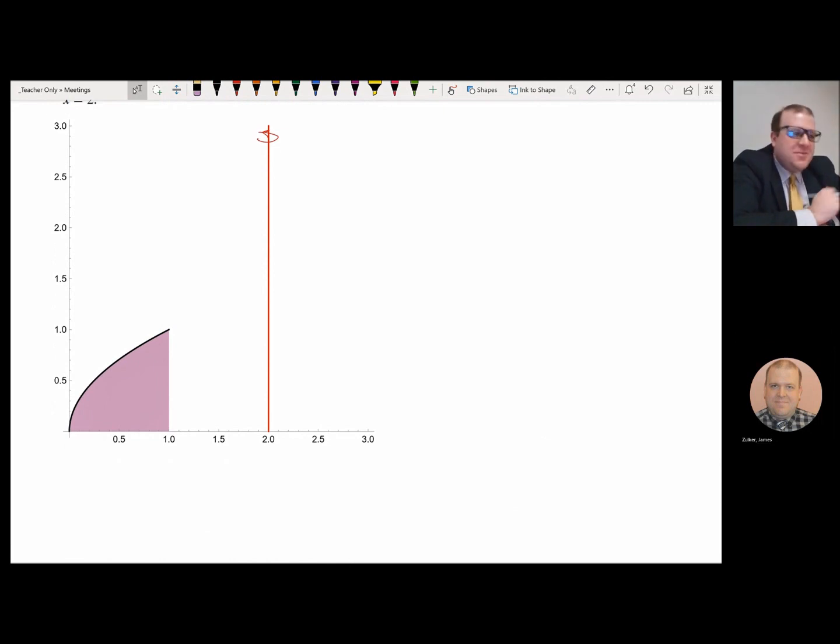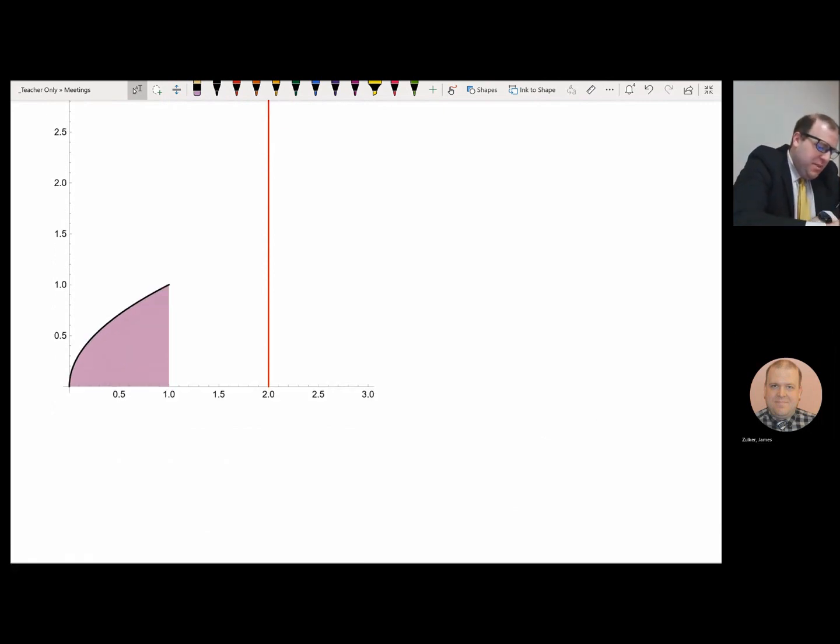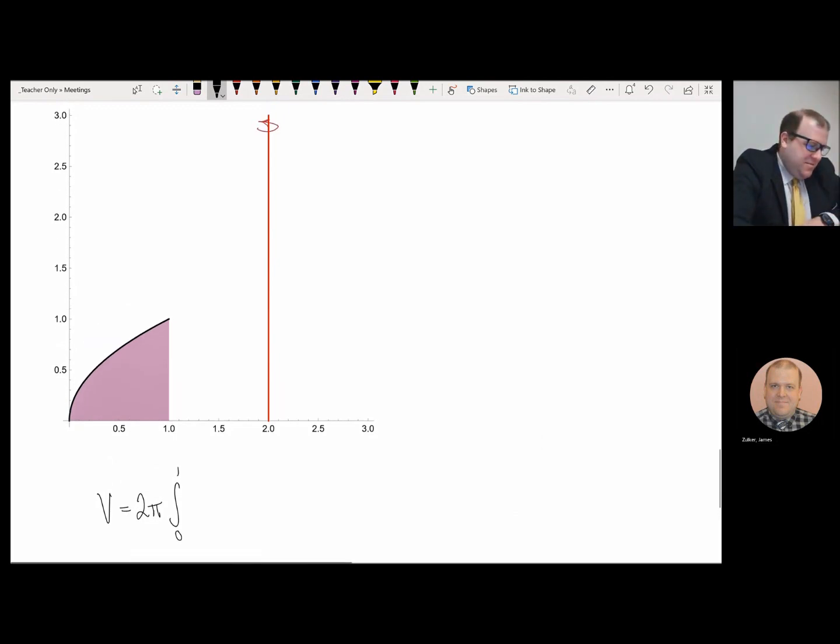The vertical axis tells us we should probably be using the shell method. Limits of integration: they actually gave it to us. And this is why I plotted it.